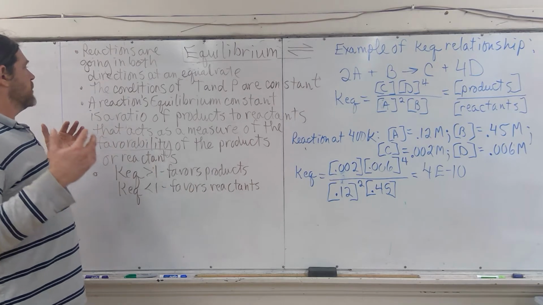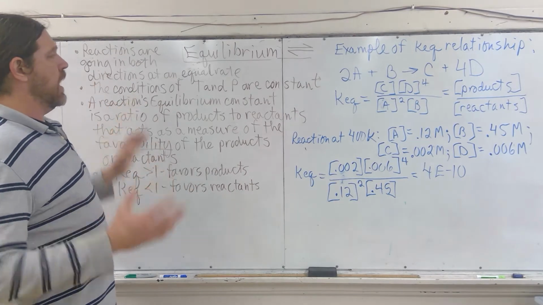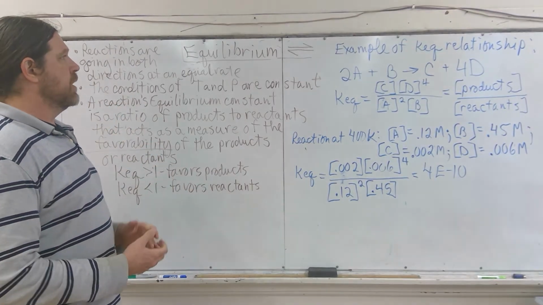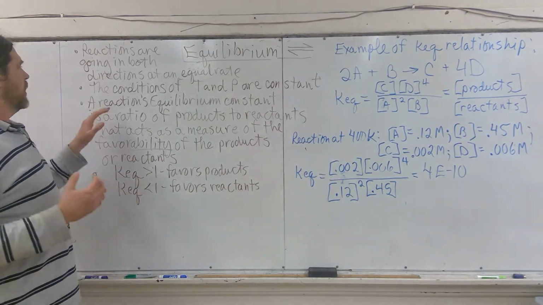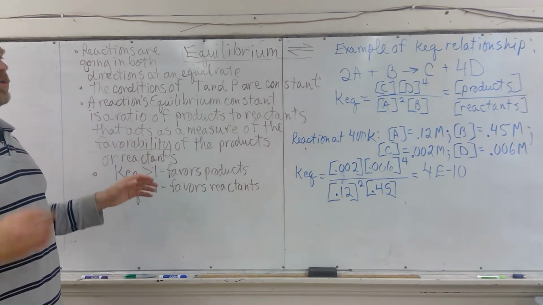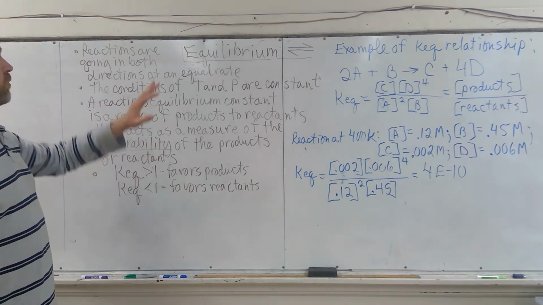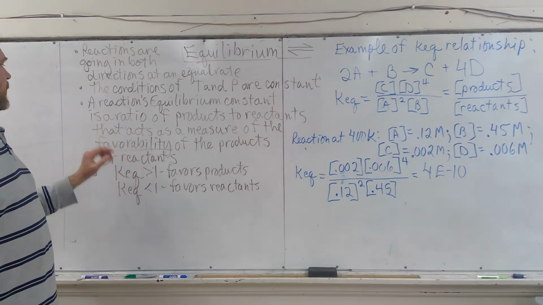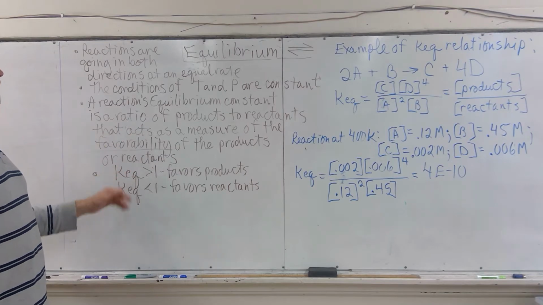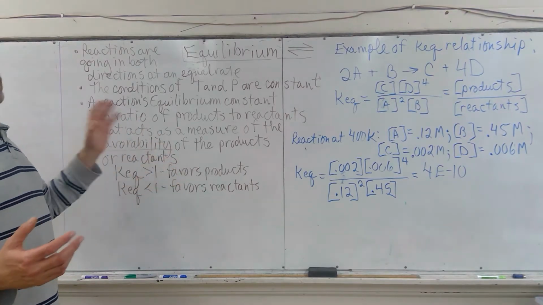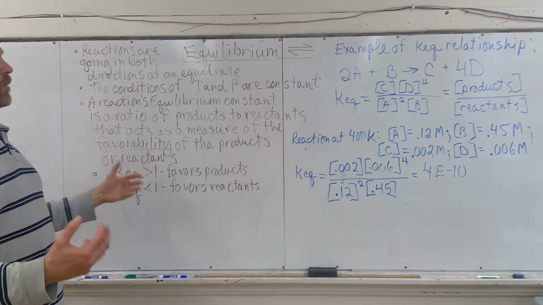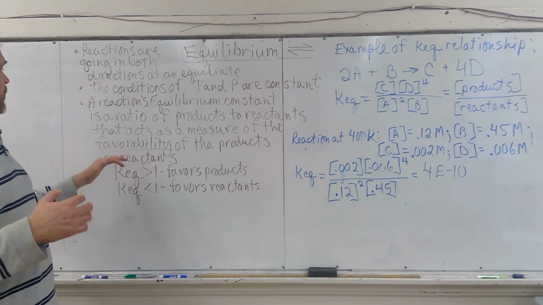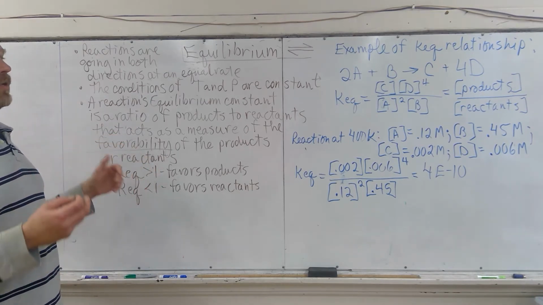So when we are analyzing chemical reactions, we can look at an equilibrium constant as a kind of value that is a ratio of products to reactants. And this acts as a measure of the favorability of products being formed in this reaction under set conditions versus the reactants.